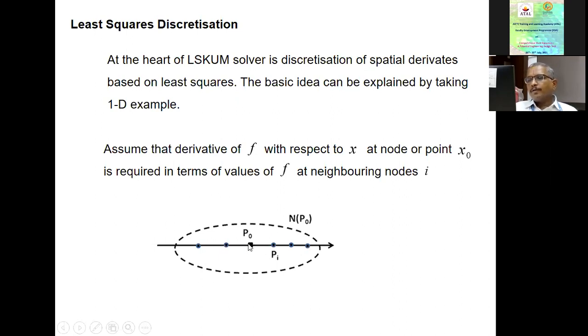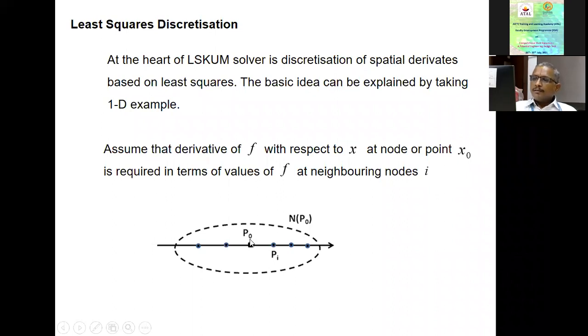There are certain other points in front and back. If it is 2D or 3D, it will be a set of points in the neighborhood in the 2D plane, or in a small sphere for 3D. So in 1D, it is in one direction, either on the back or front of this point P0.